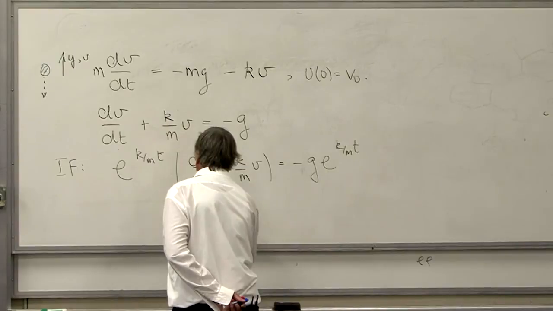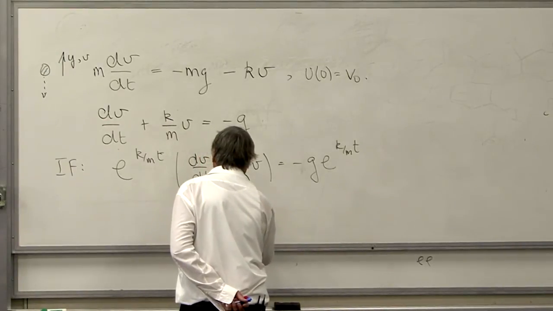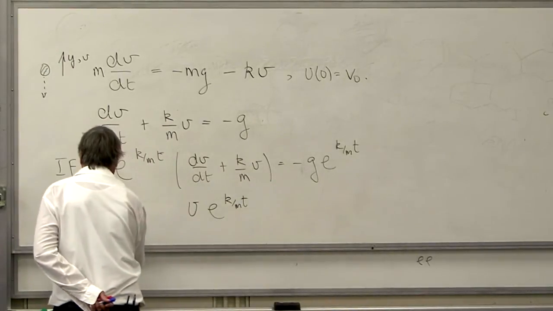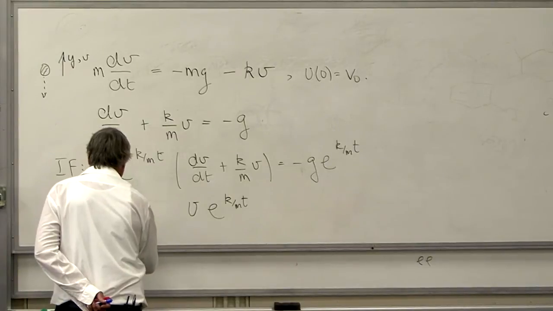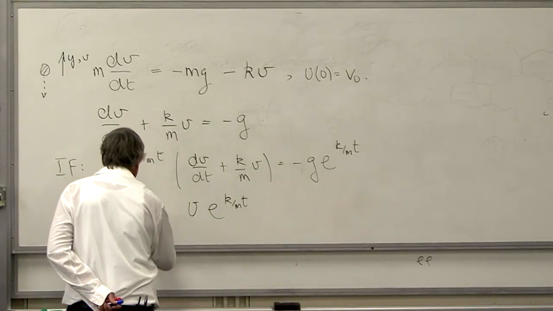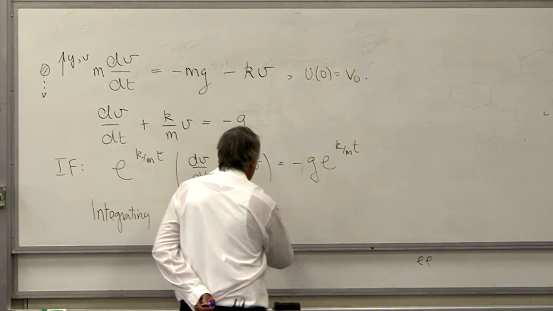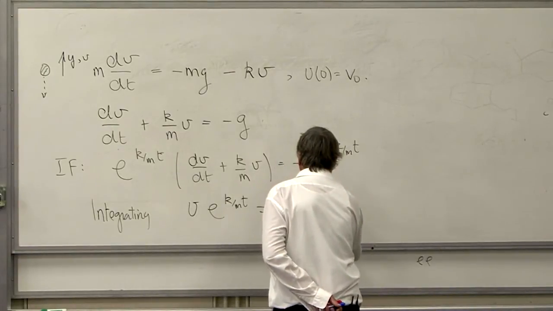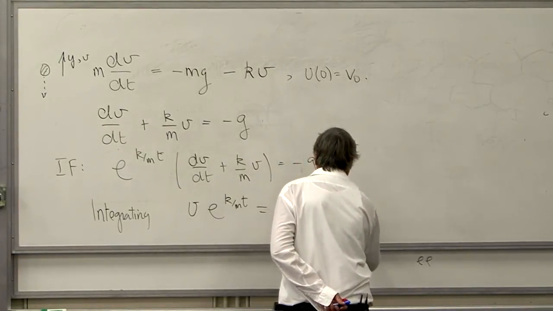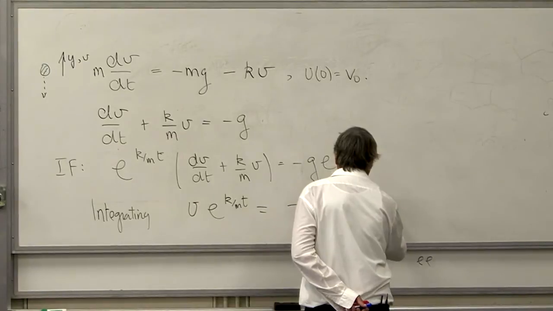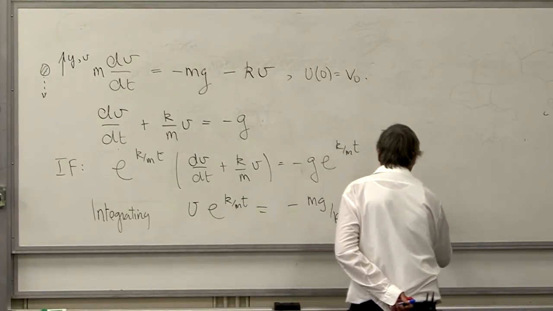So integrating, I get minus mg over k times e to the k over m t plus a constant.